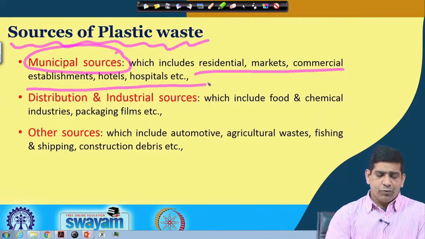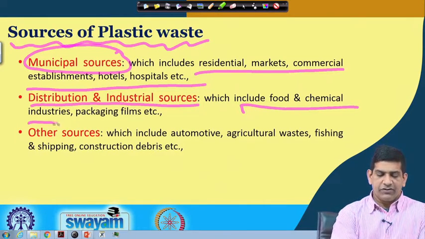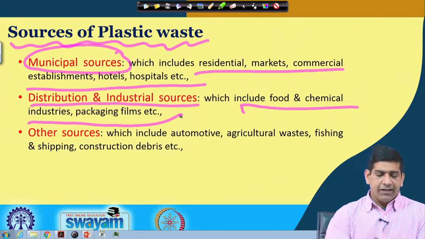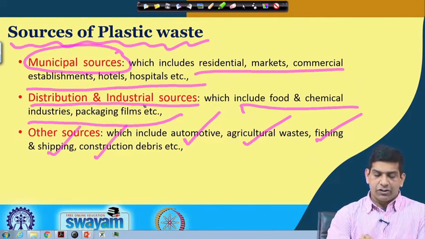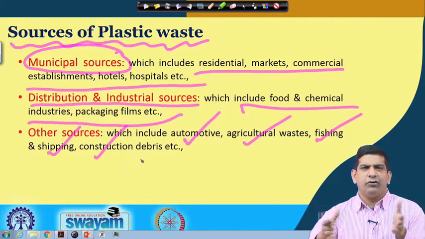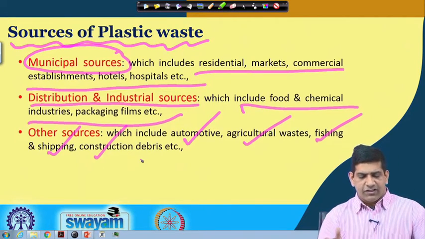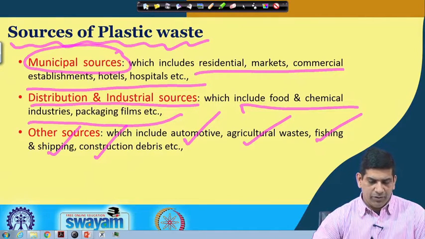Then distribution and industrial sources: all the packaging material, which includes food and chemical industries, packaging films, those are your distribution and industrial sources. And there are other sources like automotive, agricultural waste, fishing, shipping, construction debris, and some more. You can come up with other categories out there as well. So that's where most of the plastic waste is generated.